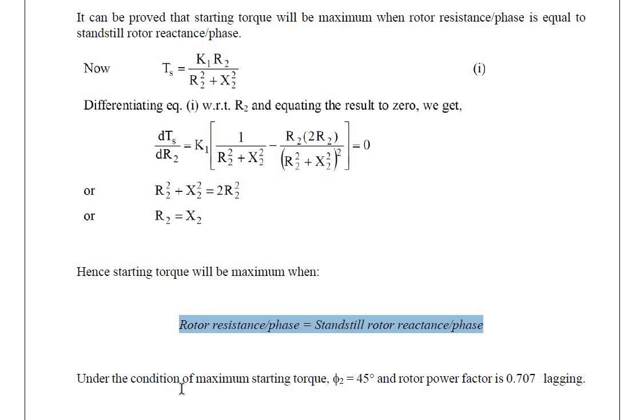Under the condition of maximum torque, phi2 is equal to 45 degree and the rotor power factor is 0.707 lagging. So this is the 0.707 lagging power factor at which we will get our maximum starting torque.